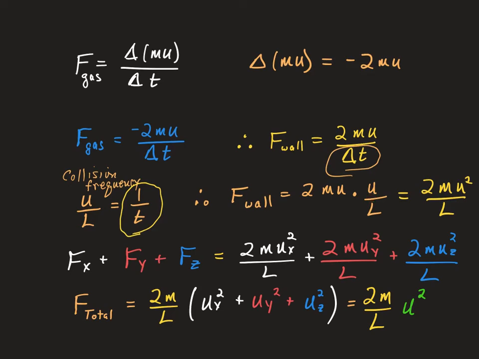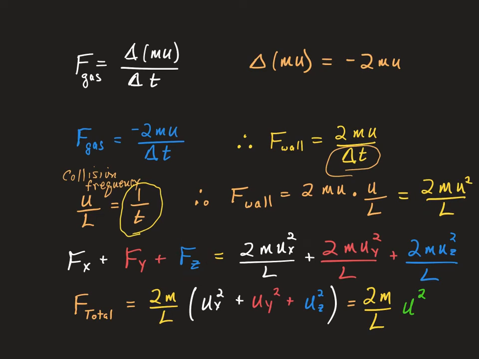Well, u times u is u squared. So now we get that the force that the wall is feeling is 2 times the mass times the velocity squared divided by the length of one side of the box, in this case, the x side of the box. Okay? Well, we've only been considering force in the x direction. We said we could also consider force in the y direction and force in the z direction.